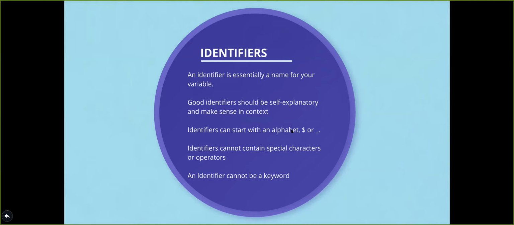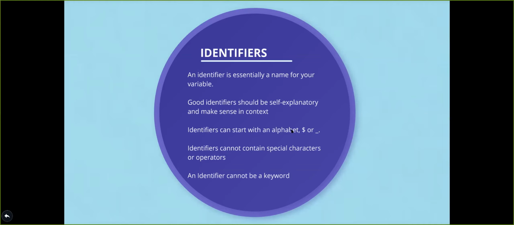They can't start with a number. There are best practices around it as well. But one essential best practice is that an identifier should be self-explanatory. Now, the programming language does not care what identifier you give it. Your identifier can be 1 character long, it can be 100 characters long, right?